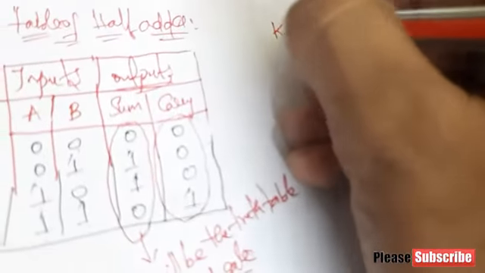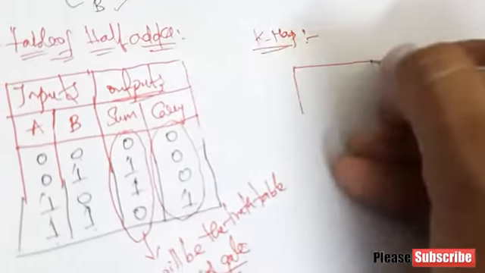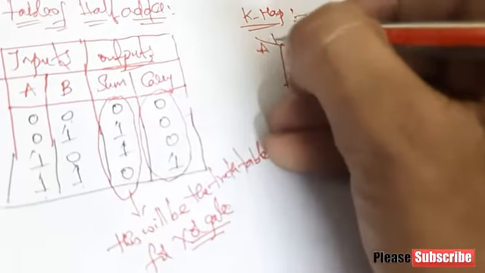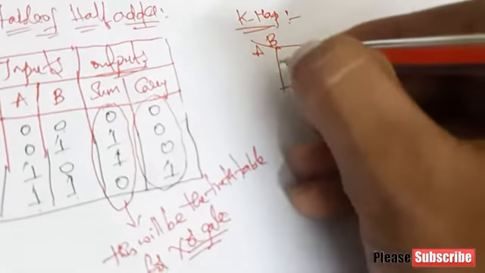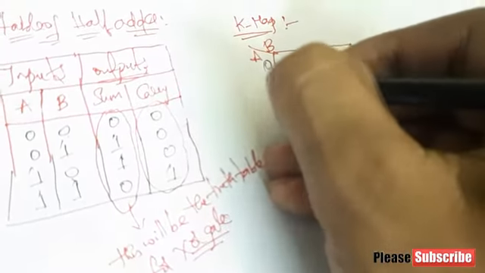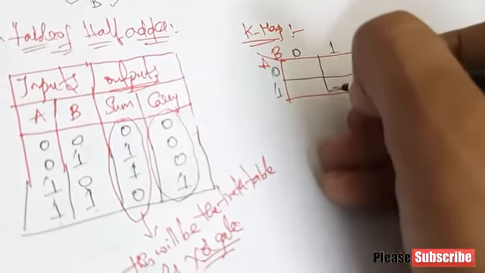K-map. If you take the input, this will be A, B, 0, 1. Here you will get 0, 1.